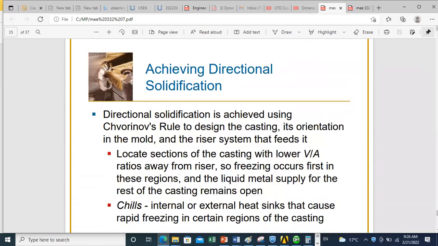Now, how do we achieve directional solidification? To achieve it, first we should apply Chvorinov's rule to design the casting, its orientation in the mold, and the riser system that will feed it. We should be aware that when you have complex geometries, each part of your cast has a different solidification time.